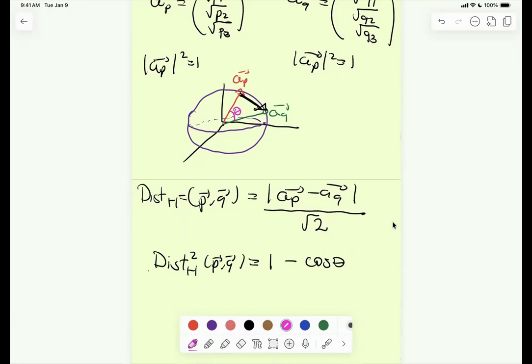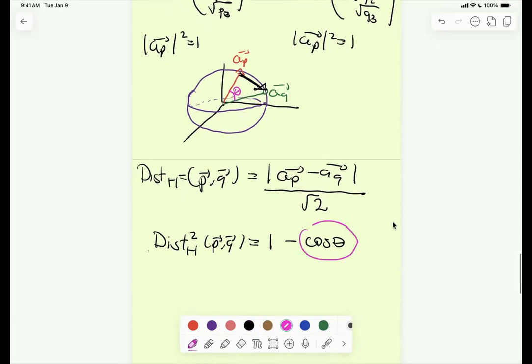And this cosine of theta is what I'm calling the Bhattacharyya coefficient. So this is what you would call the BC coefficient of the probability vectors.